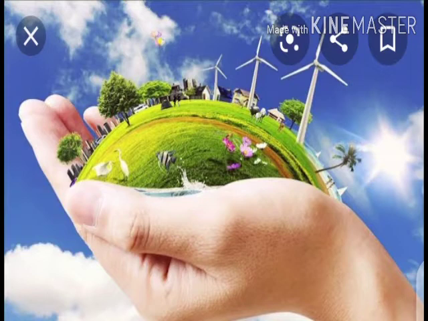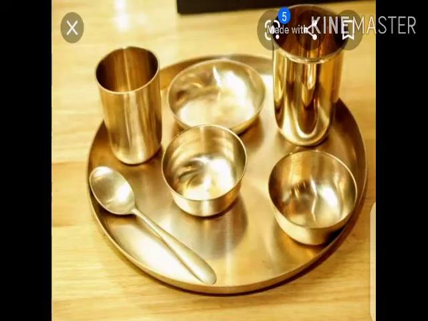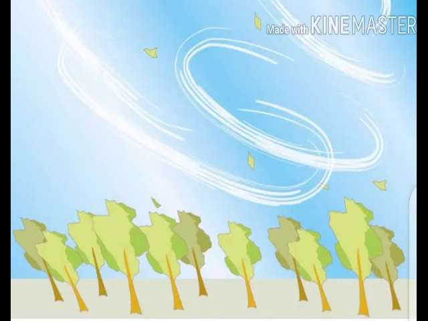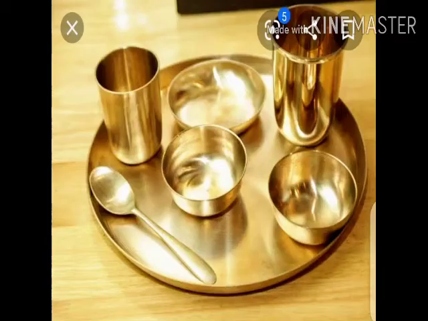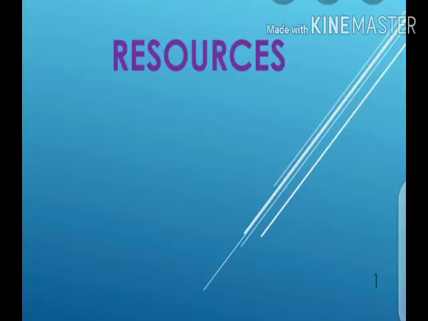Here, value means worth. Some resources have economic value, some do not. For example, metals have an economic value. Air may not, but both are important for human need.